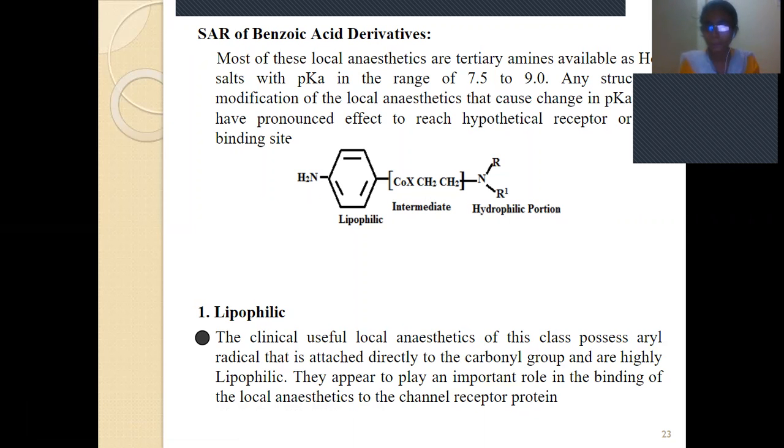It appears to play an important role in binding of the local anesthetic to the channel receptor protein. So the lipophilic part helps the drug to bind at the particular site of the particular receptor.